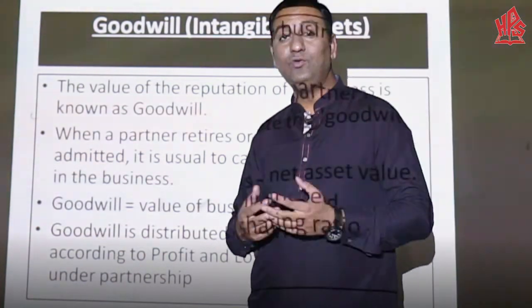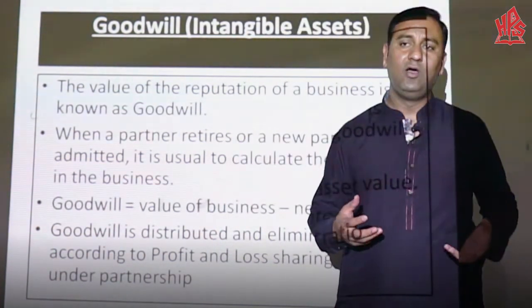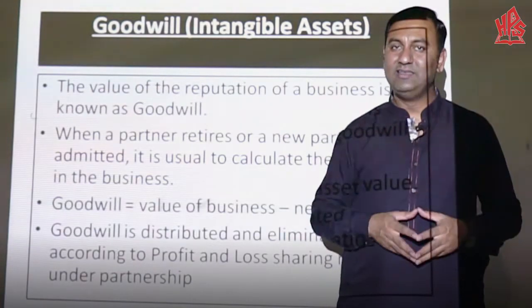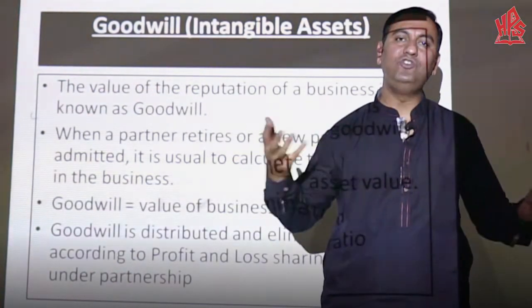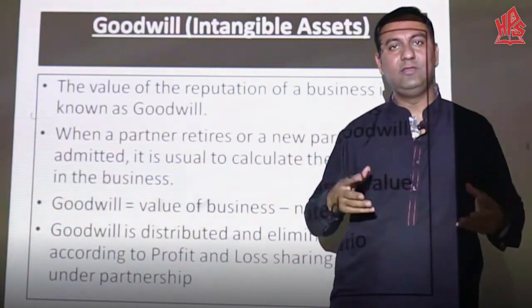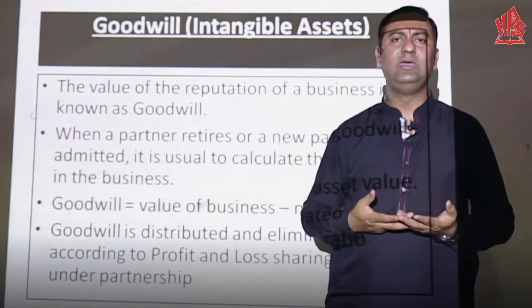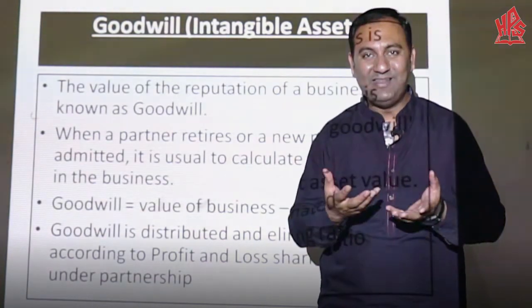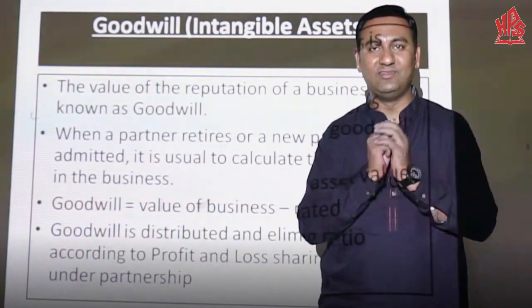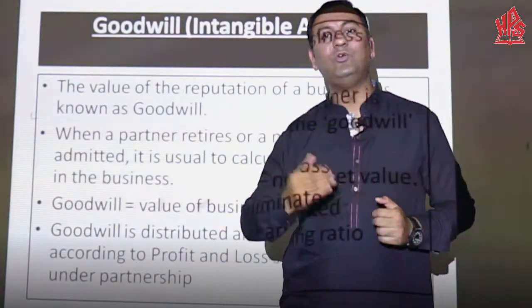Intangible assets are those assets which cannot be touched, seen, or have a physical existence. This is an internally generated asset which shows the reputation of the business, and goodwill may depreciate or appreciate. All intangible assets depreciation is known as amortization.